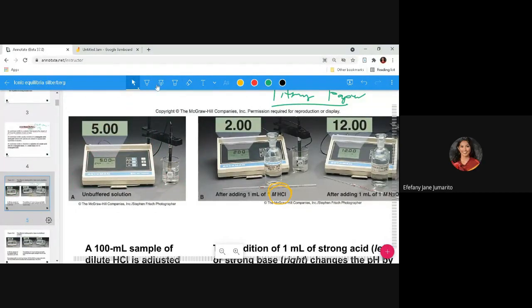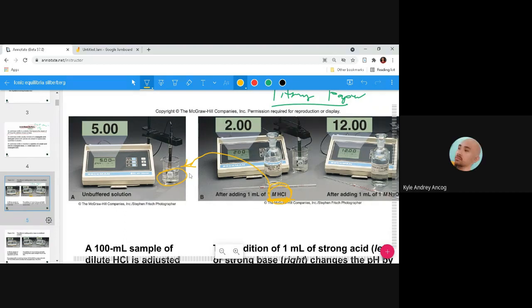Now, when you add HCl, is HCl an acid or base? Acid. Okay, it's an acid. It's a strong acid. Now, what will happen if this is your solution and then you add more acid to it? What will happen?